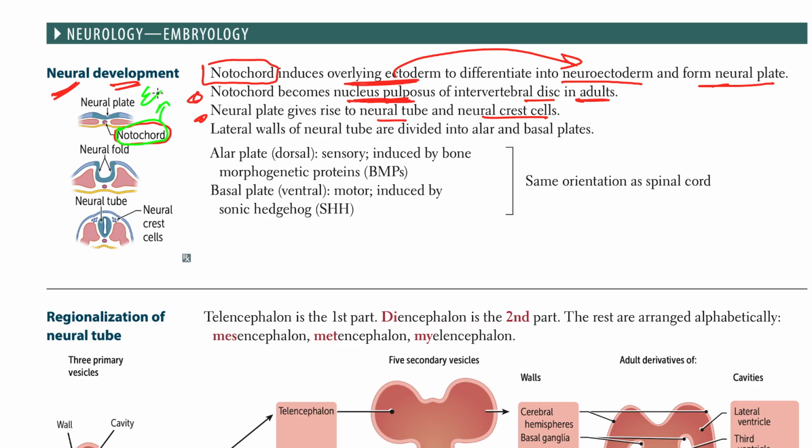And that ectoderm is going to differentiate into neuroectoderm, and that will form neural plate, right? And that neural plate will give rise to two things. It will give rise to neural tube and neural crest cells.